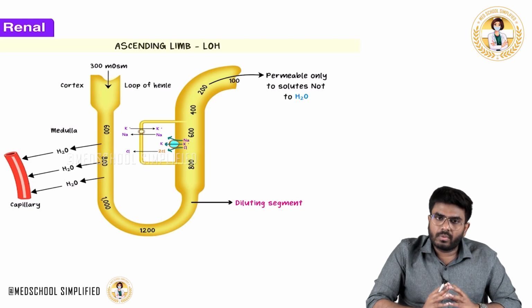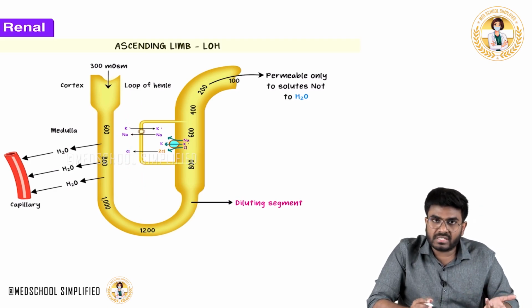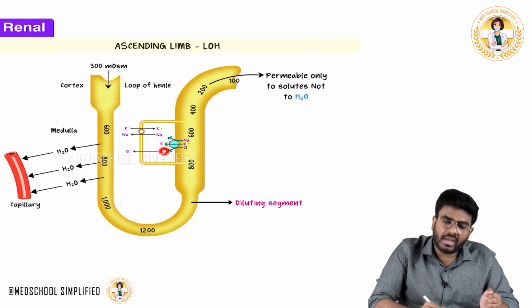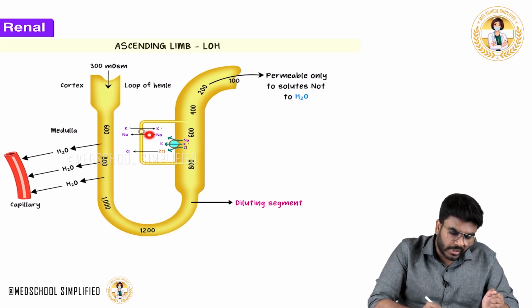Now, there is no problem for the sodium. Sodium is coming into the cell and the same sodium will get out of the cell. Sodium enters the cell and will be pumped into the interstitium with the help of sodium potassium ATPases.